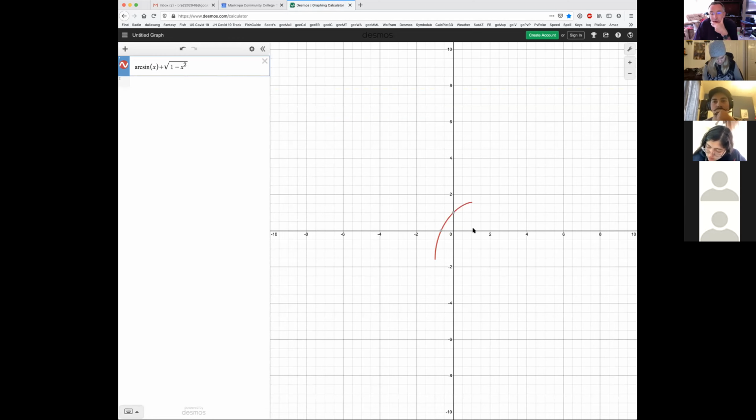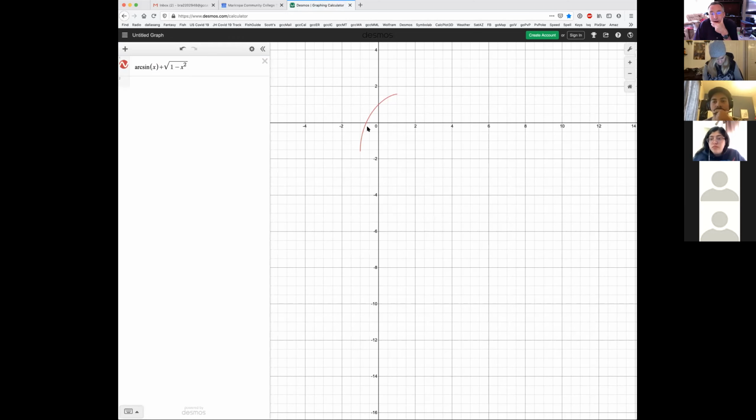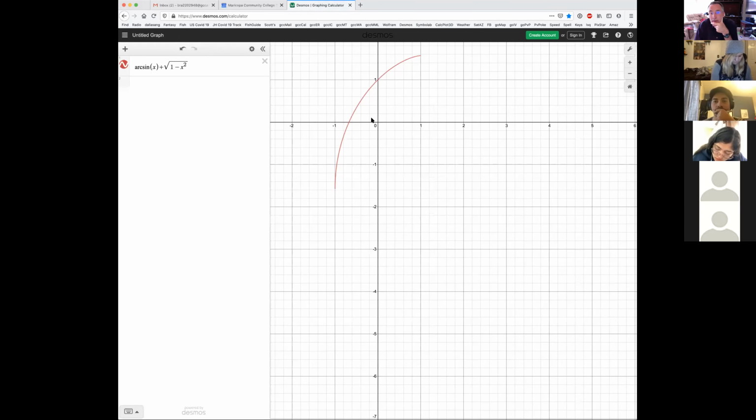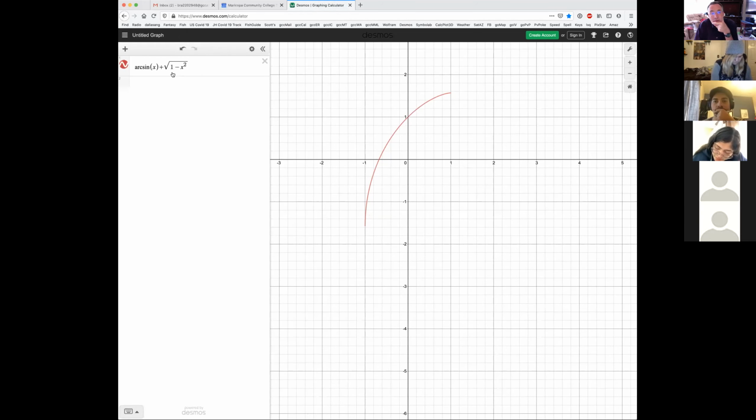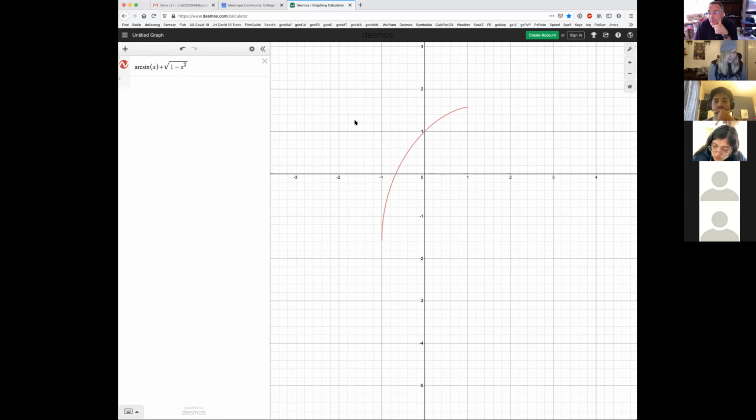Notice that it's only a little tiny piece here because of restrictions on the domain, right? x can only be between -1 and 1. Because if it's more than that, look at what happens. You're going to be taking the square root of a negative. This is a suggestion as to why maybe their answer is going to be better, because I think their answer is going to include a bigger domain.